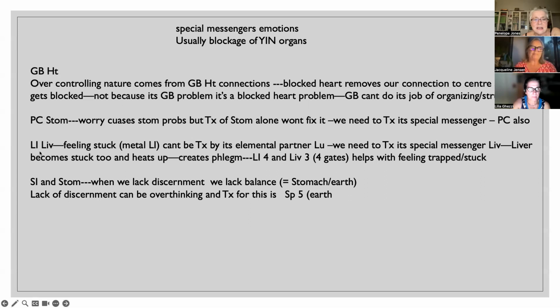And the large intestine and liver: if you're feeling stuck, because metal is about not being able to move on and not being able to let go, you'd think we need to treat large intestine and its elemental partner, lung. But it's actually better if we treat its special messenger, which is the liver.